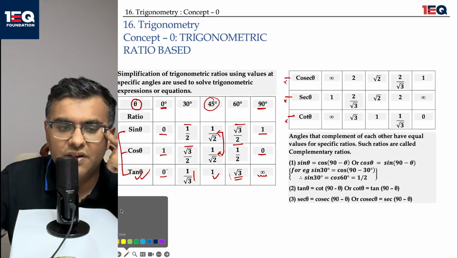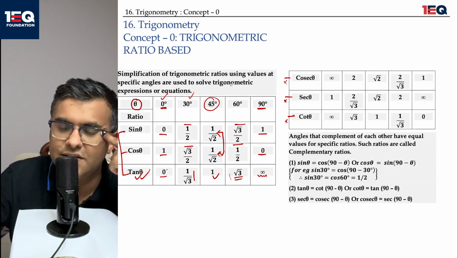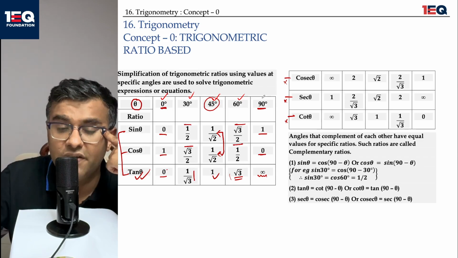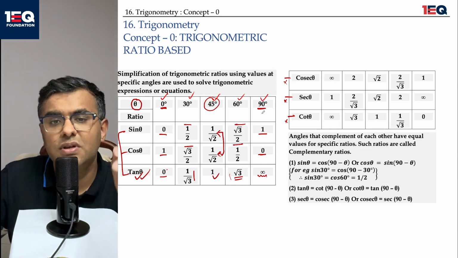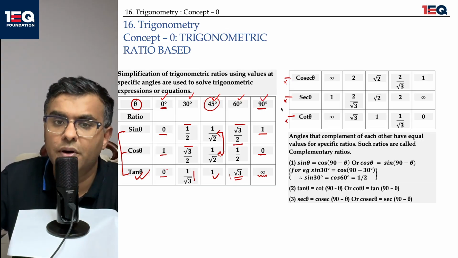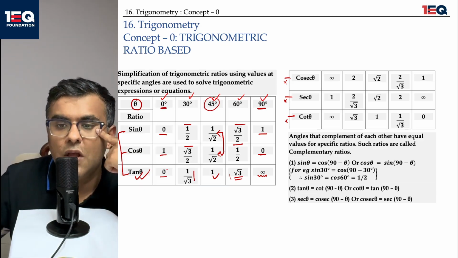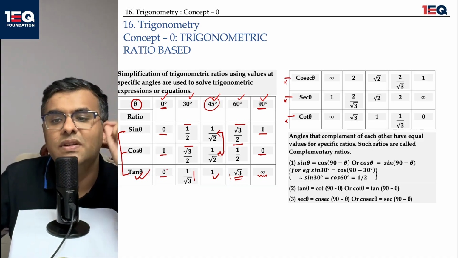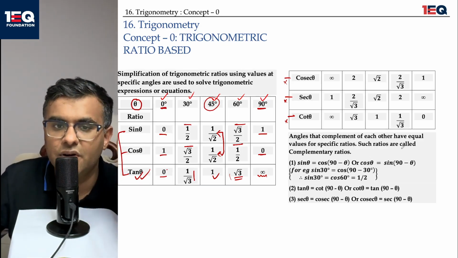There are very definite values at each angle, but the ones which are most important and required for the examination are at 0 degrees, 30 degrees, 45 degrees, 60 degrees, and 90 degrees. Okay, so these are the ones which are most important in nature. Now there are angles which complement each other, and they have equal values of each specific ratio.